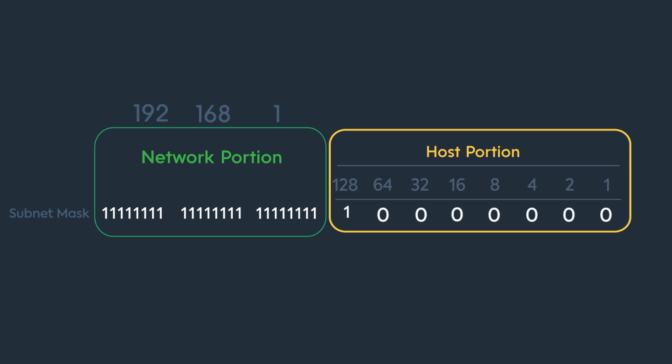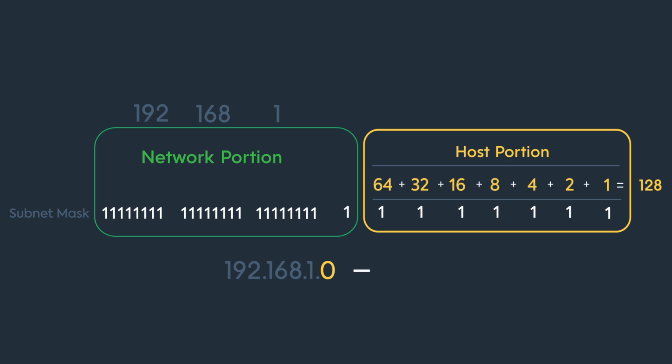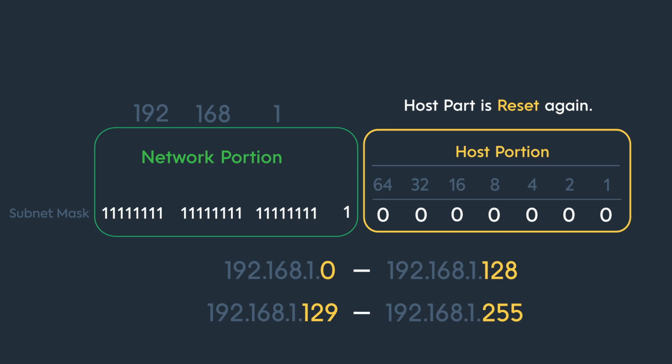But in a subnet of /25, an extra bit is taken for the network portion, and we are only left with 7 bits for the host. And with 7 bits, our network can go up to 128 hosts, that is when all the bits are turned on. We no longer have an additional bit for the host. So after this point, we jump to the next network.